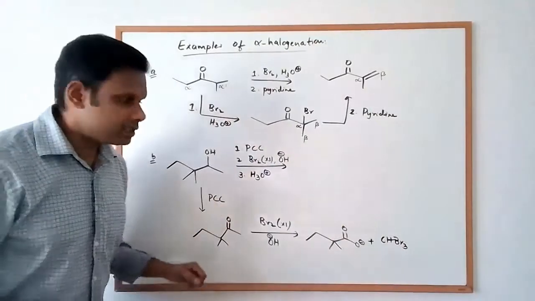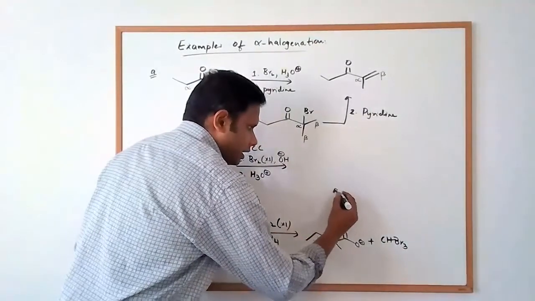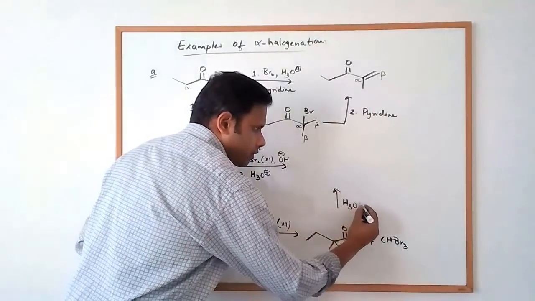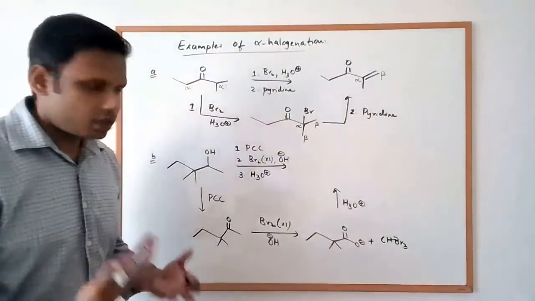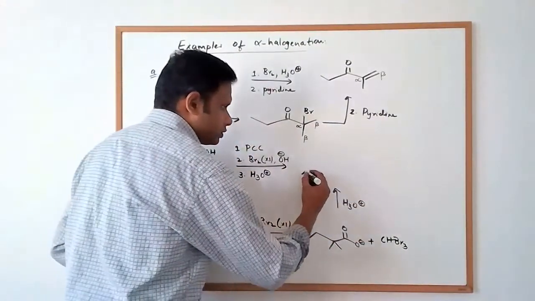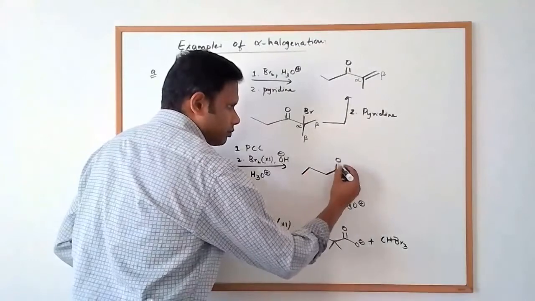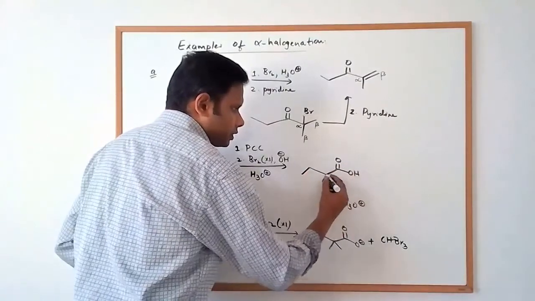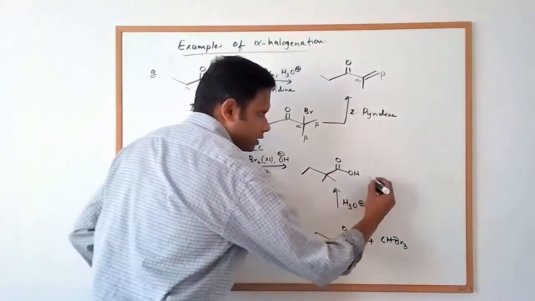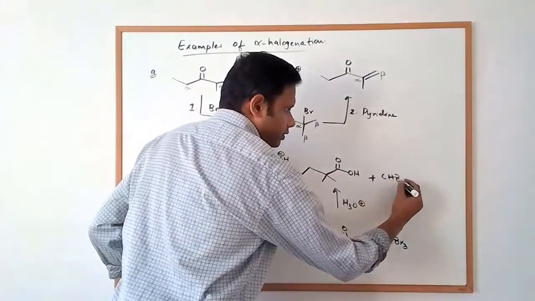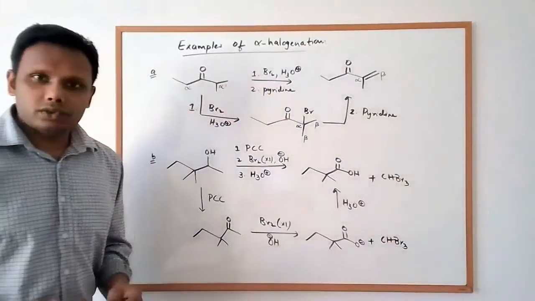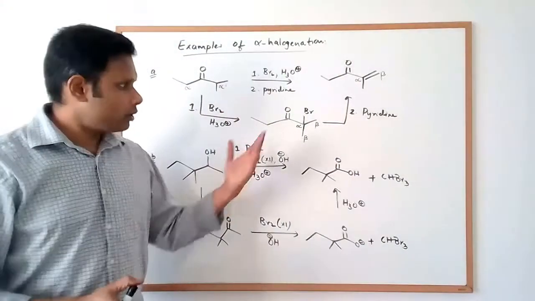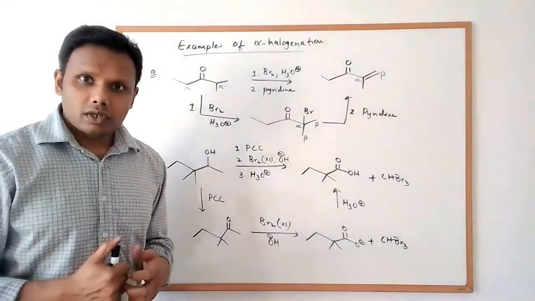And then the final step is the acid workup, or an acidification, or protonation. And so our carboxylate will convert into the carboxylic acid, and we would still have bromoform. So those are two quick examples of how this reaction can be used.